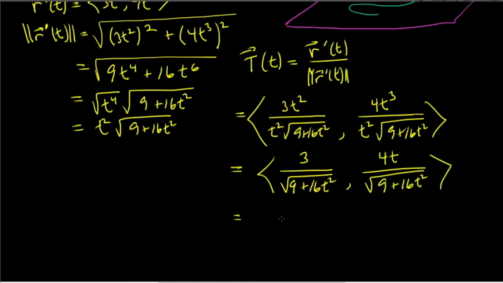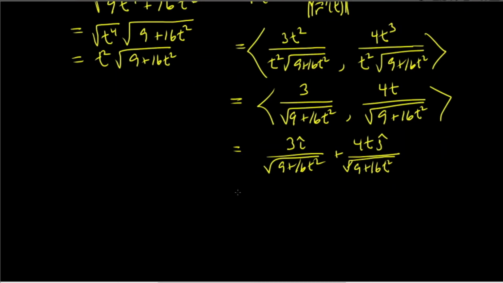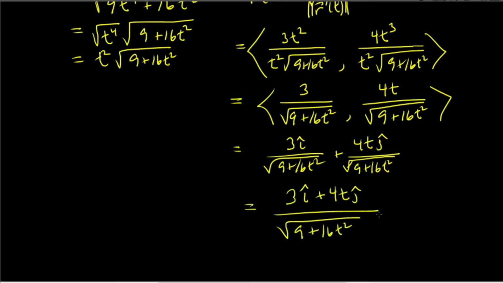So if you'd rather write it this way, you can write it as 3i over the square root of 9 plus 16t squared plus 4t times j over the square root of 9 plus 16t squared. And you can make a case for writing it all as one fraction: 3i plus 4tj all over the square root of 9 plus 16t squared.